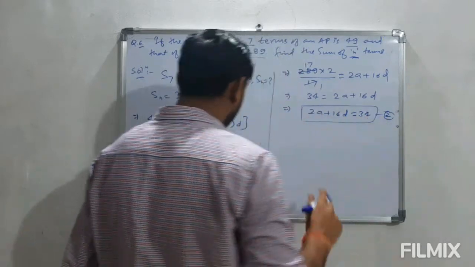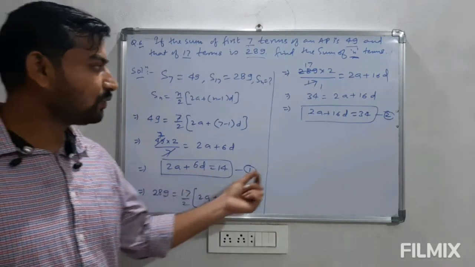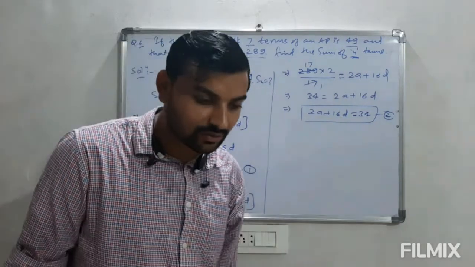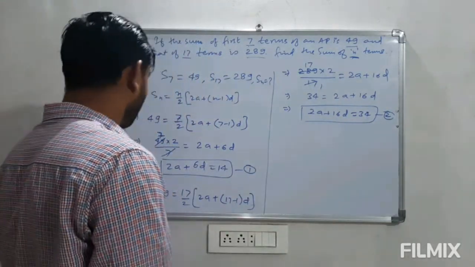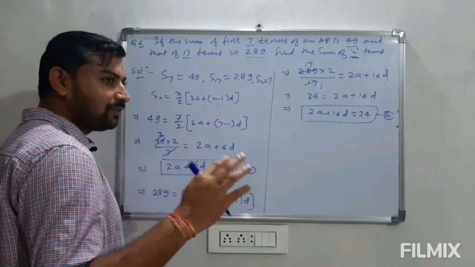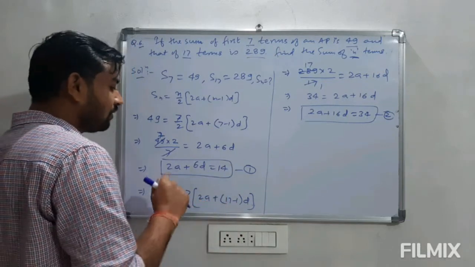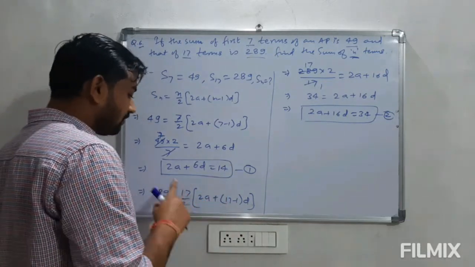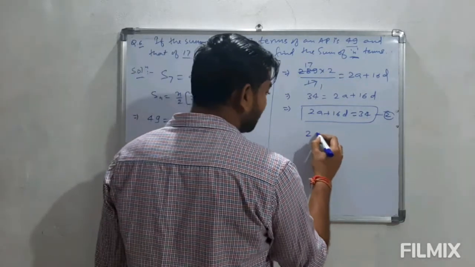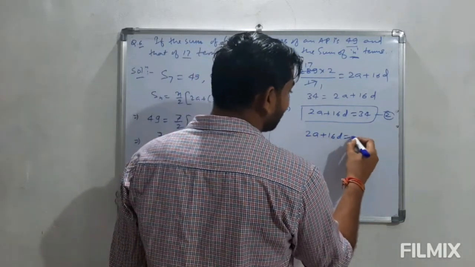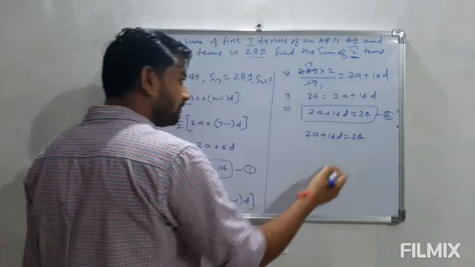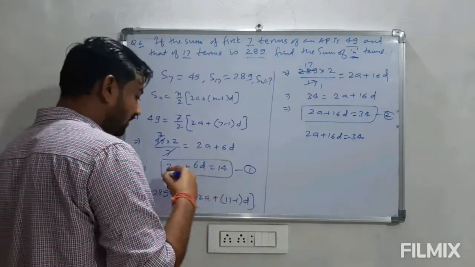Now look at these two relations. 2a plus 6d is 14, 2a plus 16d is 34. Clearly it's a simple question to solve. We have two variables a and d and two equations, so we can simplify them. Rewrite these two equations. 2a plus 16d is equal to 34. This is the second.